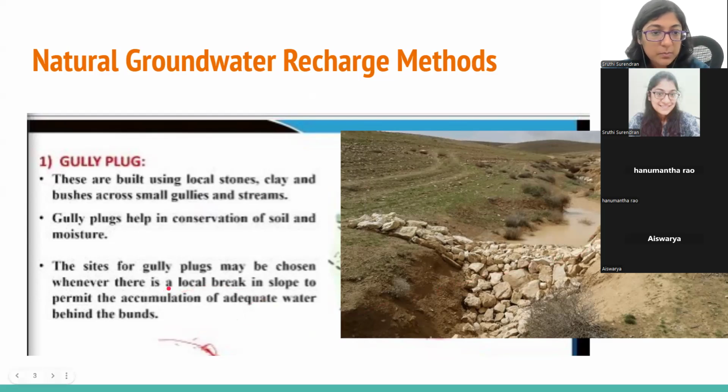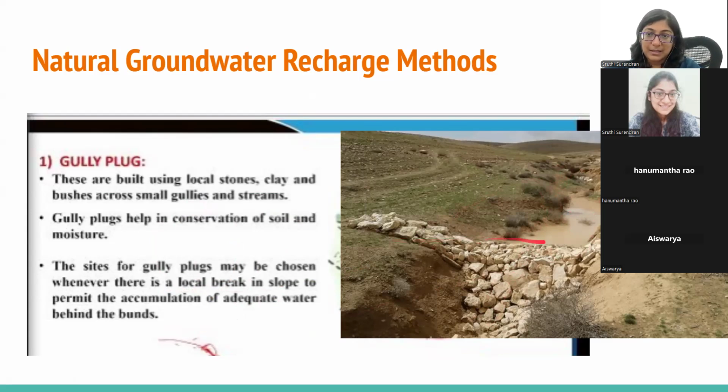One key point in using this gully plug is that it is mainly used when there's a natural break in the slope. In this picture, you can see that water is flowing, and then there is a break in the slope where water will go below the level it is flowing in.